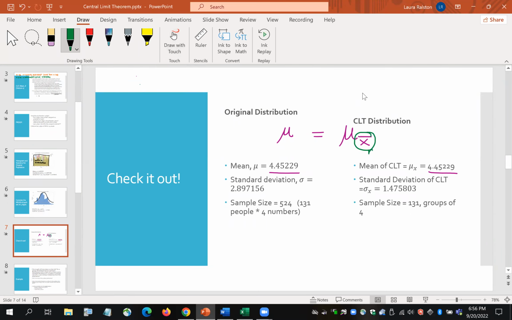Remember, X bar is the symbol for the mean. So we're looking at the central limit theorem for the mean or the means. You see that little subscript there to indicate that we have applied the central limit theorem. Just a slight adjustment in the notation, but the mean of the original is equal to the mean of the central limit theorem.